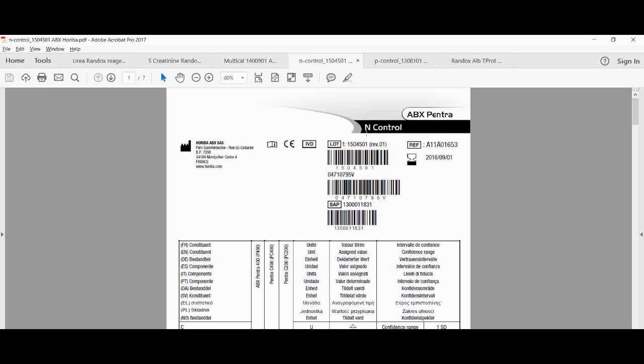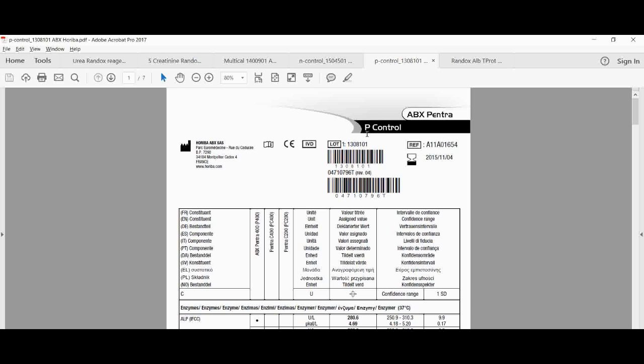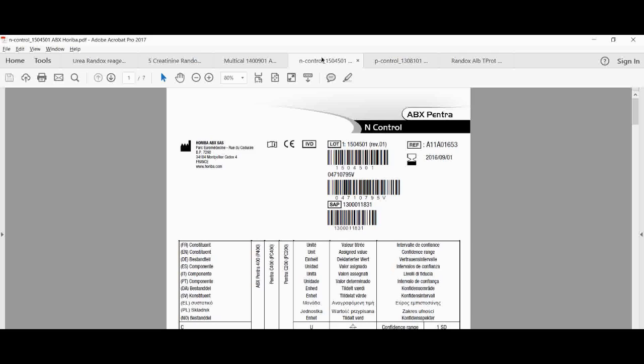N represents normal control, and P represents pathology control or abnormal control. So, and this manufacturer is ABX Pentra, and it is made by Horiba Diagnostics, Horiba ABX Diagnostics. So in control, you must have two controls, a normal control and an abnormal control. And in our laboratories we're going to use N control and P control.